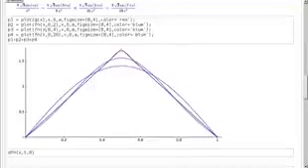The function, if I truncate the approximation at 4, that will include psi 1 and psi 3. That's this slightly better approximation here, this one. And if I continue all the way up to 20, that's this quite good approximation, the blue curve here, that comes almost all the way up to the peak of the tent.